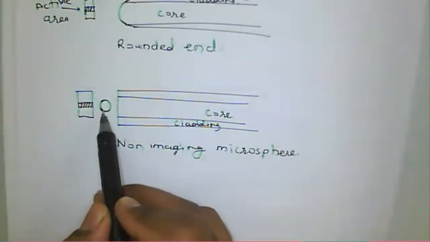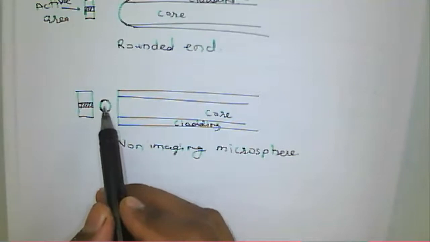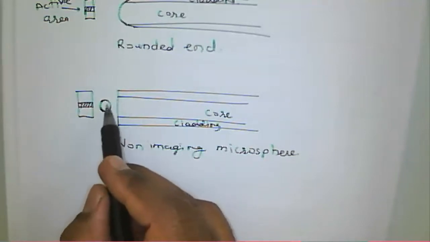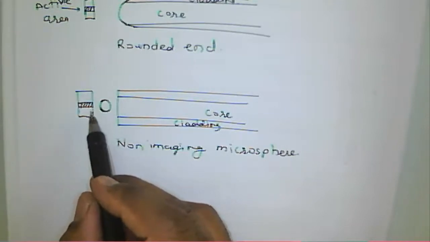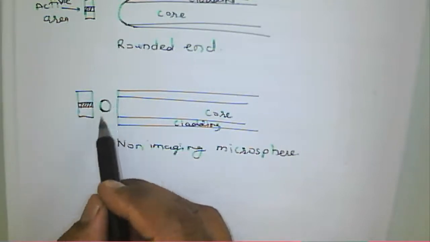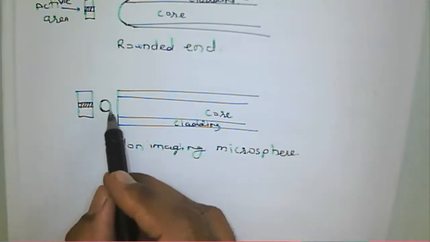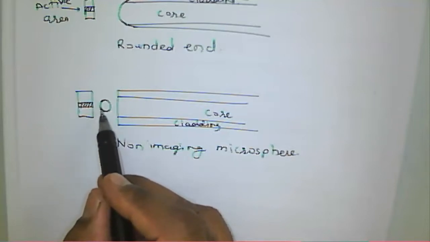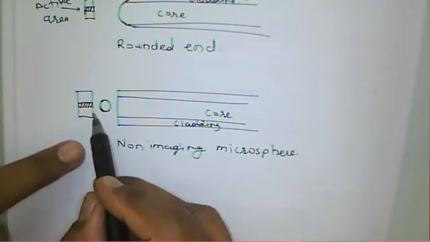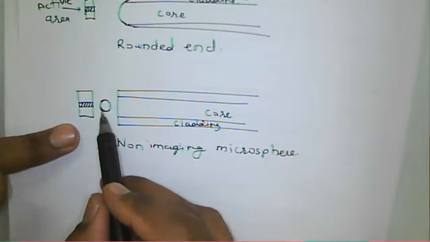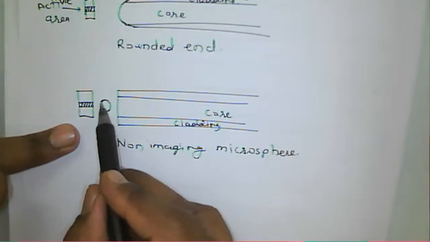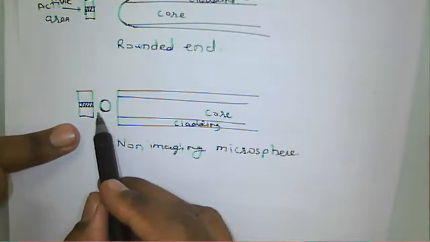So this lens is a spherical lens, and it has a refractive index larger than whatever the refractive index of the outside medium, and it has an emitting area that is circular in shape. So now whichever light is coming from this particular source will be propagating through this spherical surface.